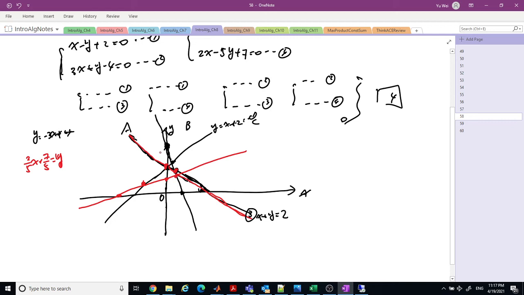So basically we have the 4 points. Let me notate them: 3 and 4, so this is A, B, and 3 is C and D. Okay, these are all the points.